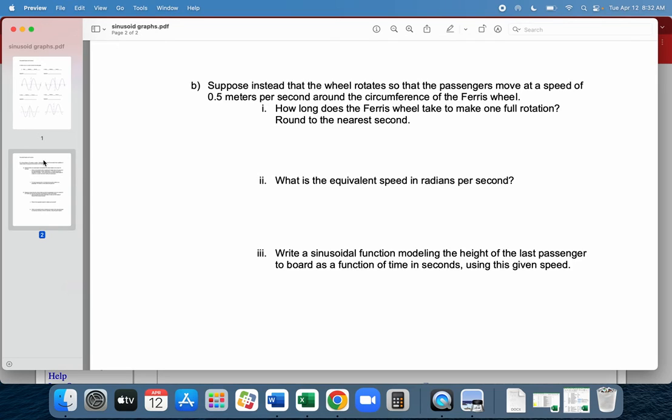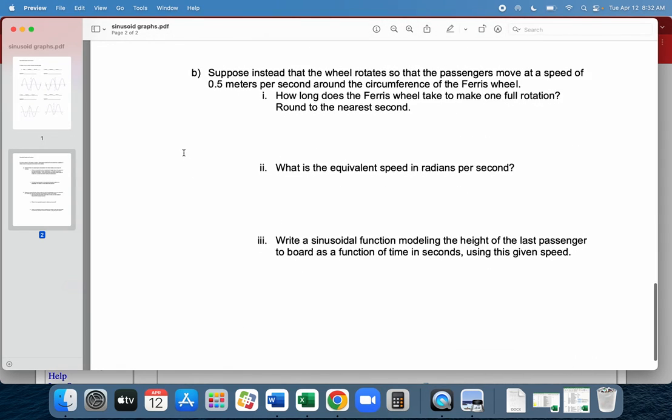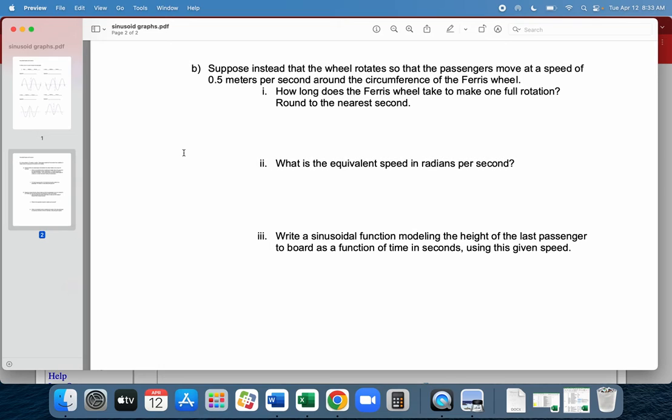If I want to write a function where time was the input, and I had this speed, 0.03 radians per second, instead of, what did we have last time? For part A, it was 2.5 minutes to go all the way around. If we want to change that and compare how much these speeds are different from one another, we can.